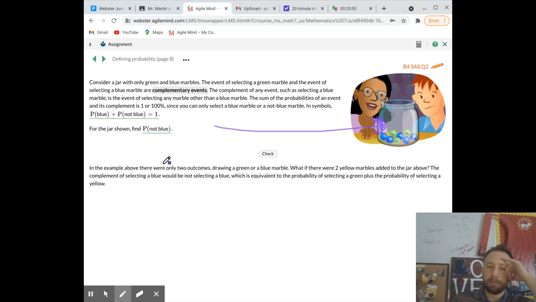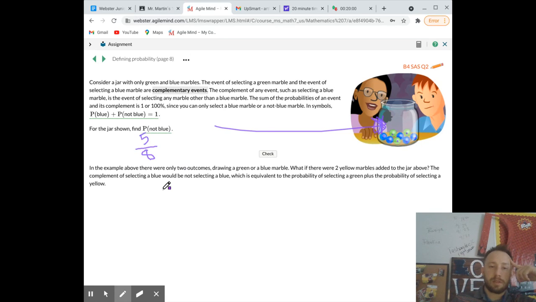We got 8 marbles. Okay. So remember, 8 is the total amount of what? Total marbles or total outcomes? All right. So we know that the chance that we'll get a blue is how many? 5. Good.